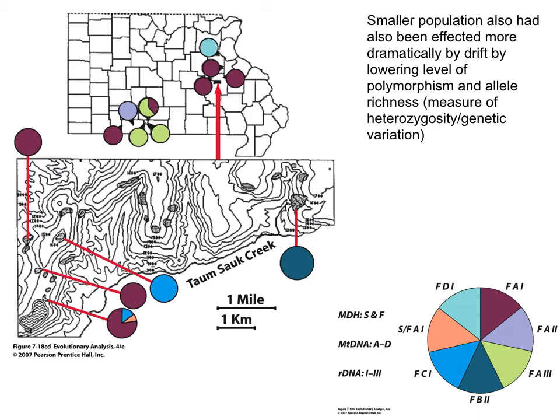And they did that by looking at these measures of polymorphisms and allele richness. It just gives you an idea of the genetic variation. So the larger population should have a little bit more genetic variation. Their genetic variation should not have been affected as dramatically as the smaller populations. And in fact, they went in there, there's a figure in the book, and they looked at that, and they confirmed that to be true.